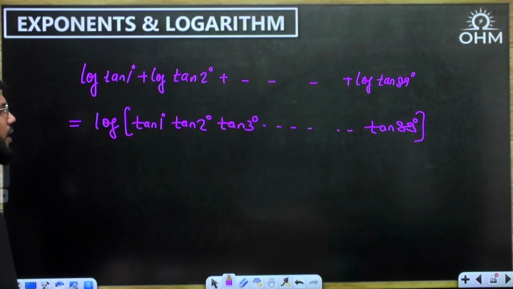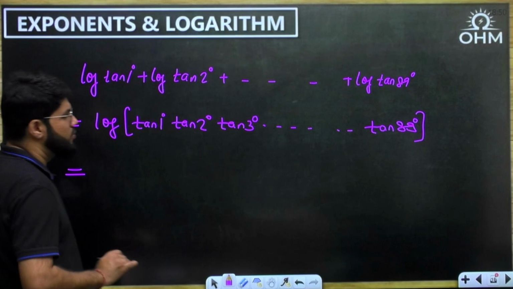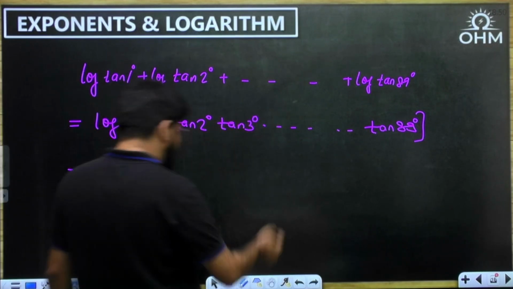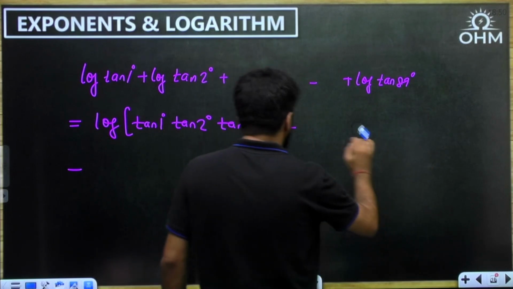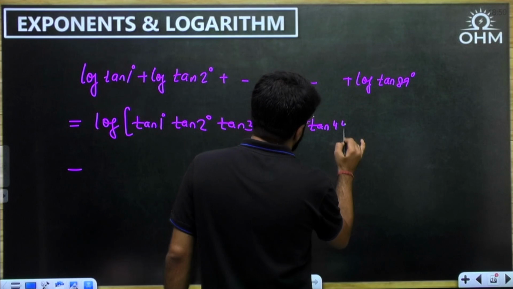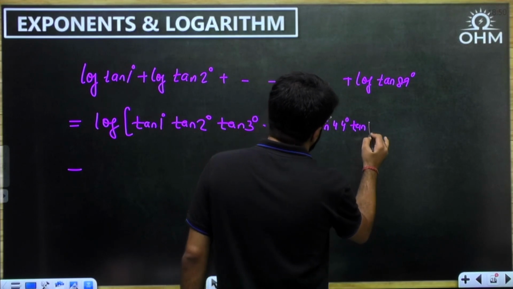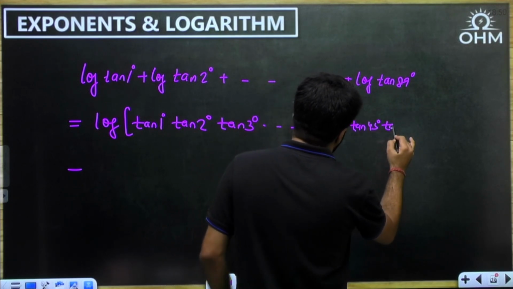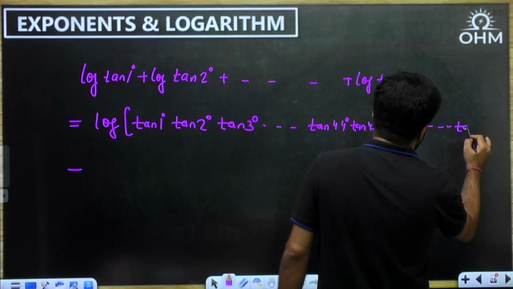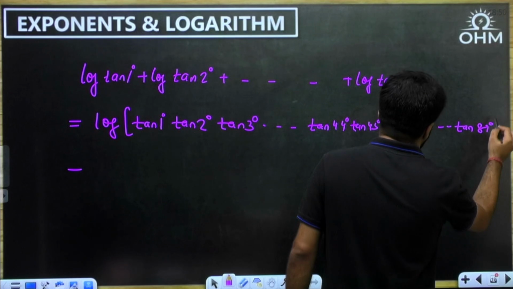Now this is equal to how much? Let's use some trigonometry here. When you are writing down till tan 89, there will be a term in between. Let me write down some more terms: tan 44, then tan 45, then tan 46, then it will go up to tan 89 degree.